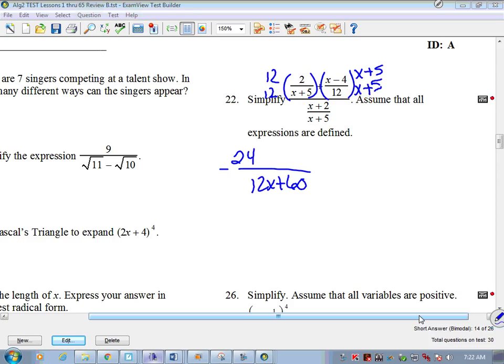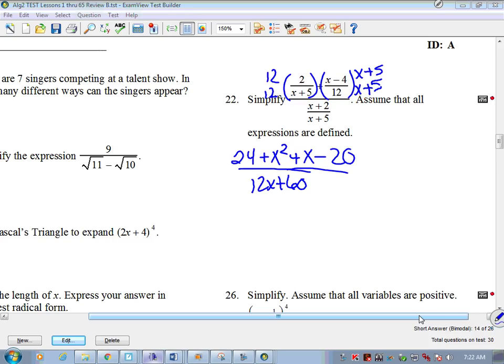Okay, and then we've got x minus 4 times x plus 5. So that's going to be, and this isn't negative, so we don't need that. We've got x squared plus 5x minus 4x, so that's just plus x minus 20. Okay, so I FOIL all of that out.